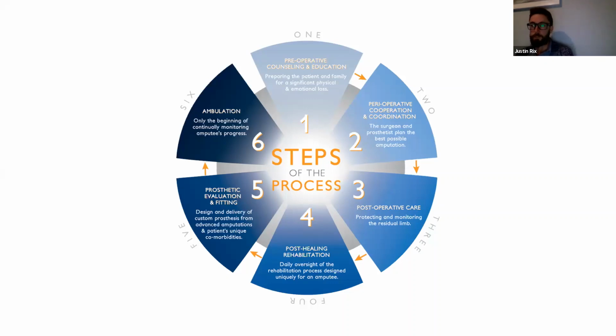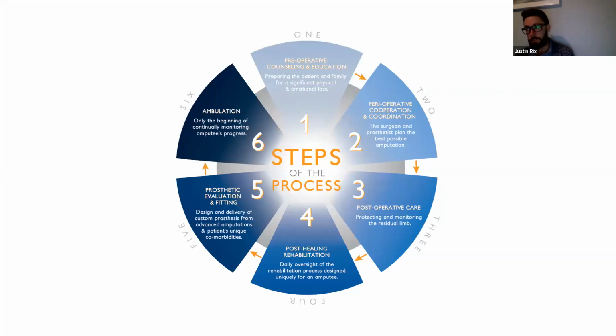Step 2 is the perioperative incorporation and coordination. This is ideally where the surgeon and the prosthetist coordinate to plan the best amputation where permitted, and having good communication with your prosthetist in this regard can have massive benefits, especially for the patient.